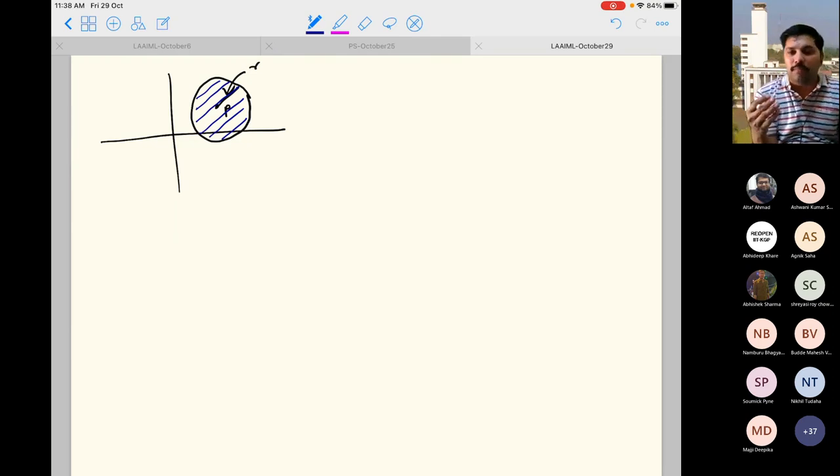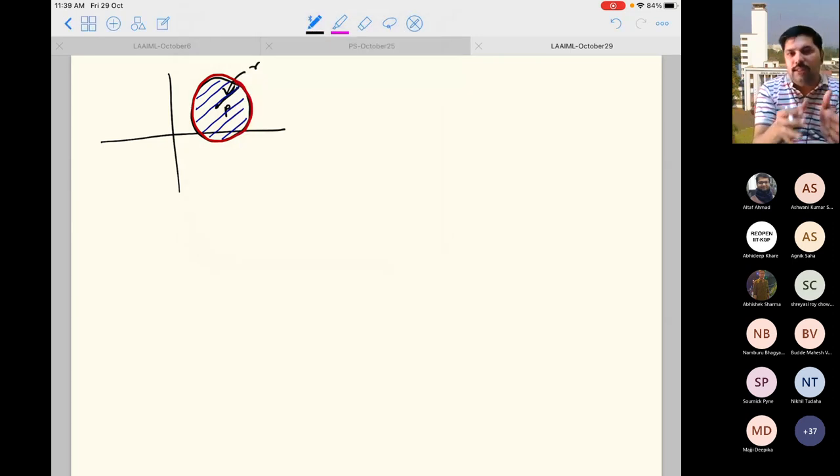The first time the property fails to hold true is on the boundary of this circle. So that is something important.